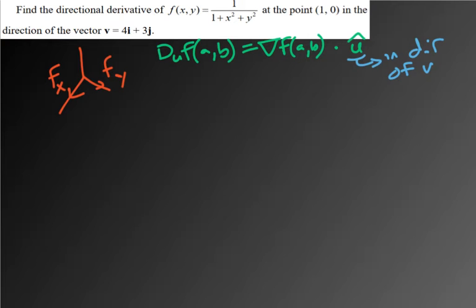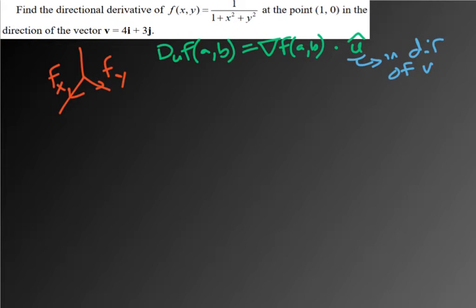This is your derivative vector. What we're doing with a dot product is seeing how much of one vector shows up on the other. By making it a unit vector, taking v and normalizing it, you're not going to add or reduce the derivative amount, the instantaneous rate of change in that direction. It's a true measurement of how the function is changing in that direction. So that's how this thing works.